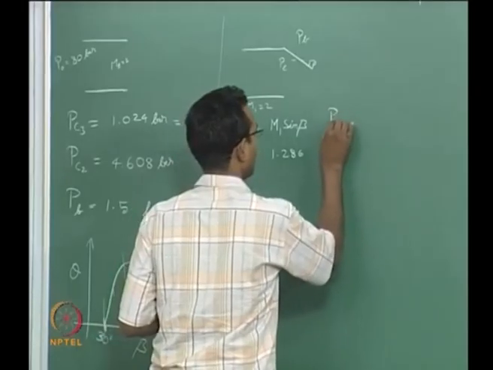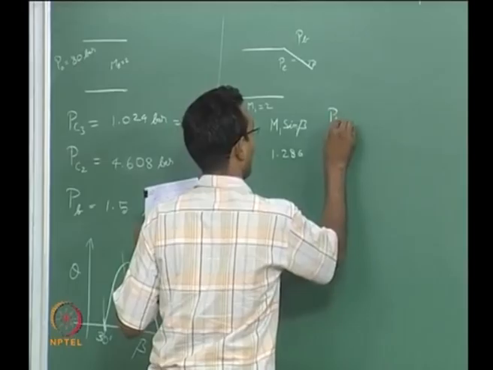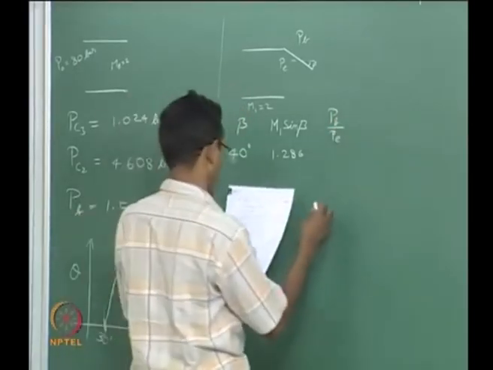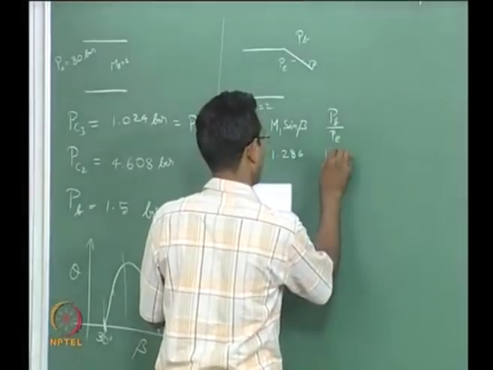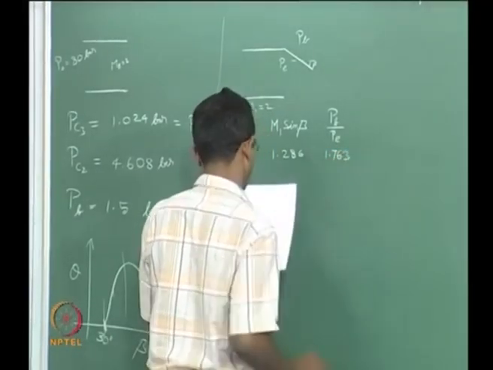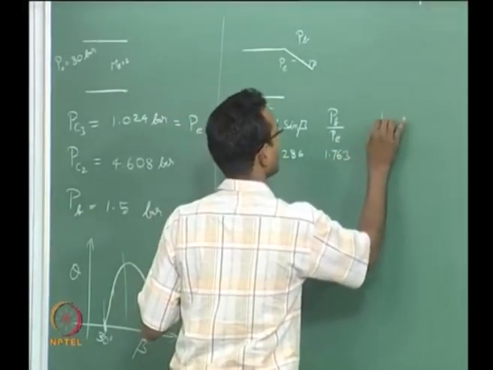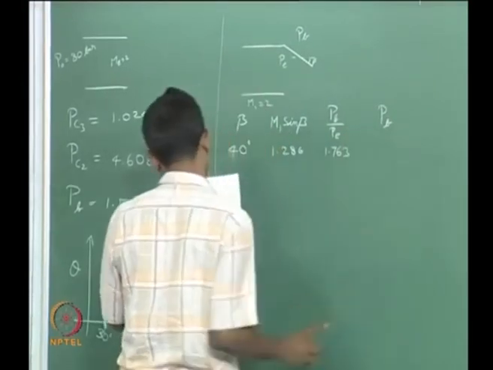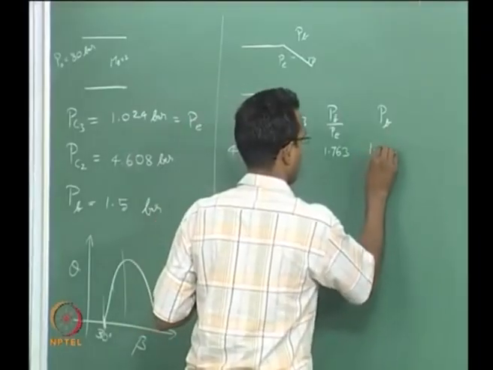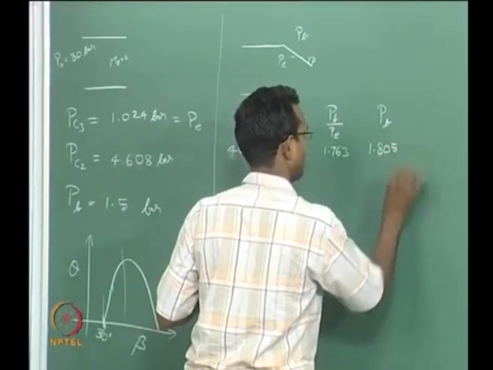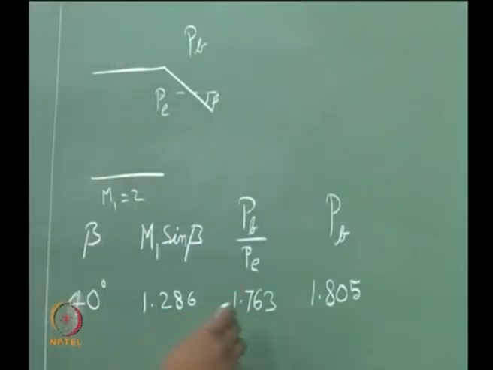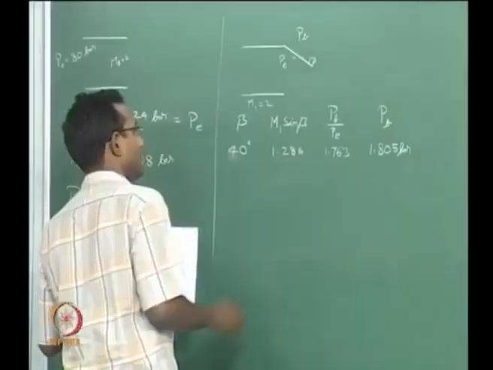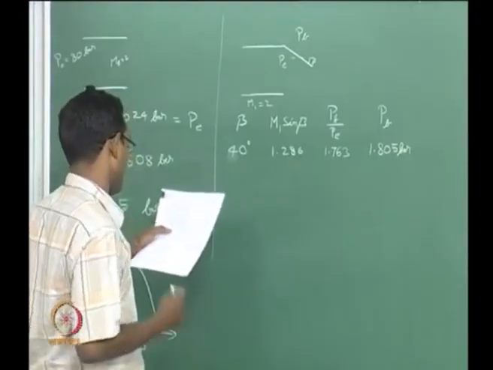I will find that P2 by P1, or I will call it PB by P exit here, happens to be 1.763. Multiplying by P exit I will get PB, and that number is 1.805, of course in bar. So that is the number I am going to get there.